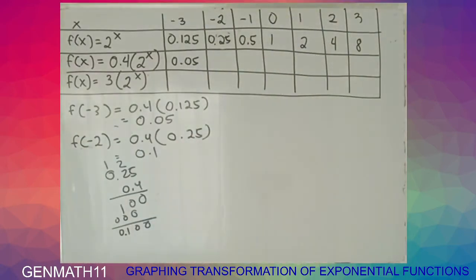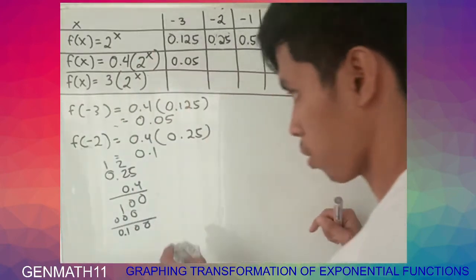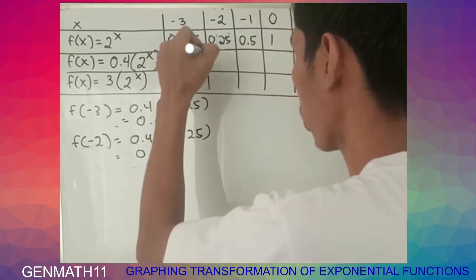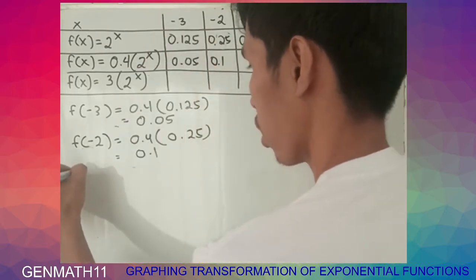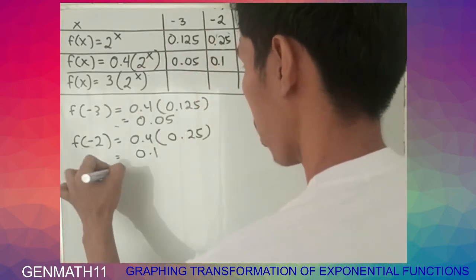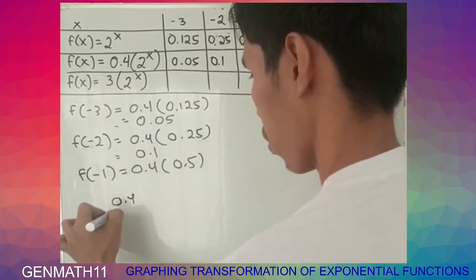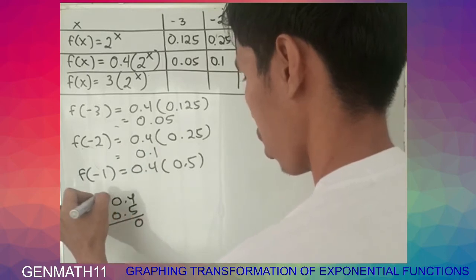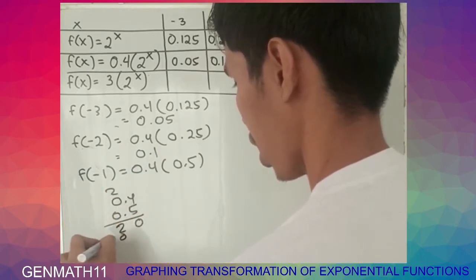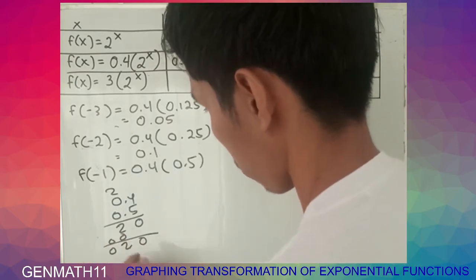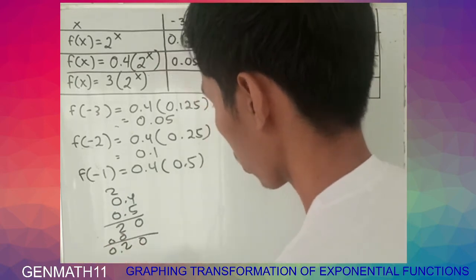So, in-eliminate ko na yung dalawang zero sa dulo. Ganun din naman yun, di ba? Okay, 0.1. Next, negative 1. 0.4 times 0.5. Okay, 0.2.